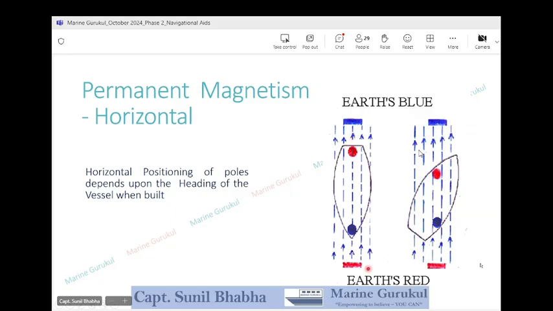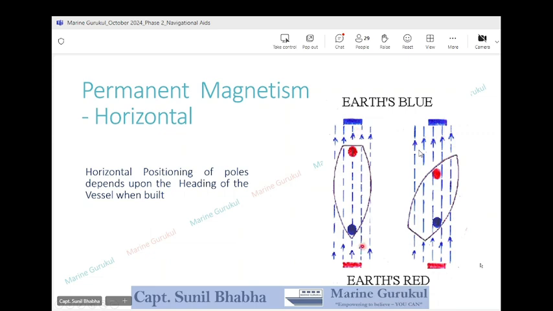We are aware that magnetic field lines come out of the red pole, which is the south magnetic pole of the Earth. They are all coming out from the red pole, and these lines of force re-enter or go into the blue pole or the north magnetic pole of the Earth. So that is why you see the arrows are always from red to blue.